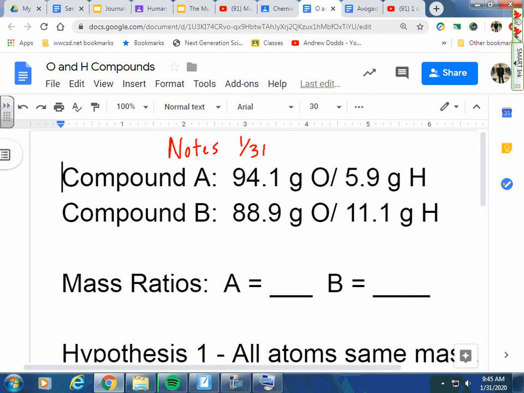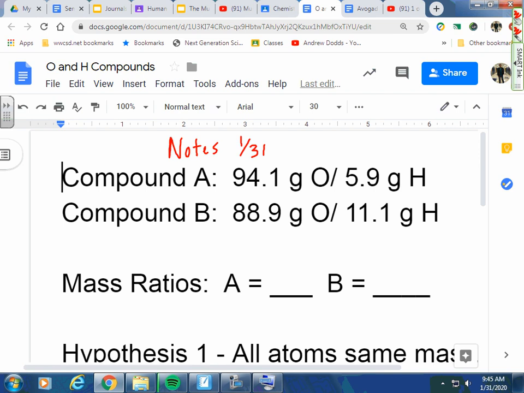Okay? So I'm going to erase that at the top because I'm going to have to scroll a little bit here. But we have two compounds. They both contain oxygen and hydrogen. The first compound, compound A, has 94.1 grams of oxygen and 5.9 grams of hydrogen.